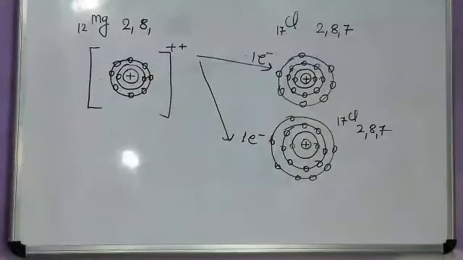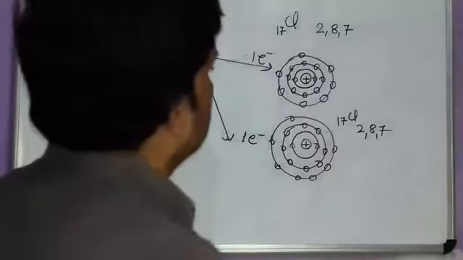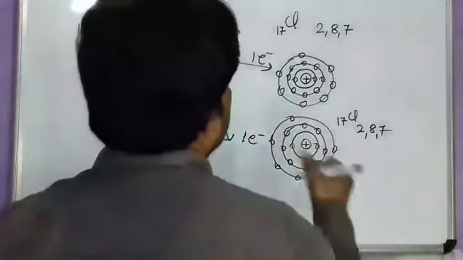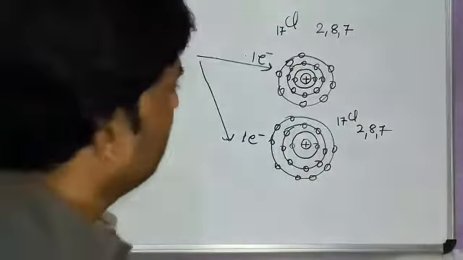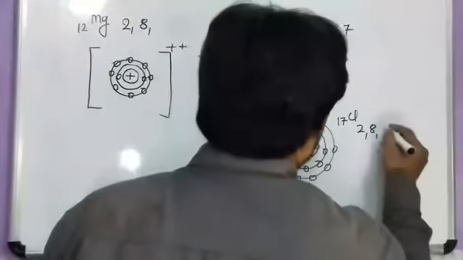Is it clear or not? Clear? Here each chlorine gets 1 electron more, so the electronic configuration is 2, 8, 8.